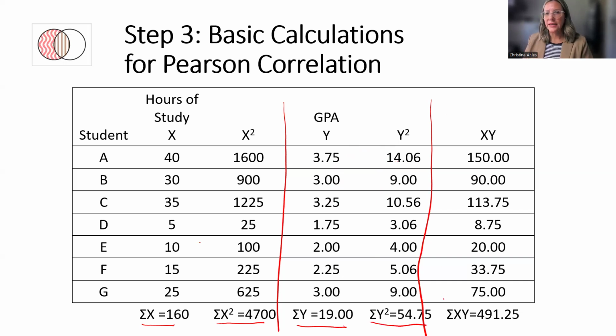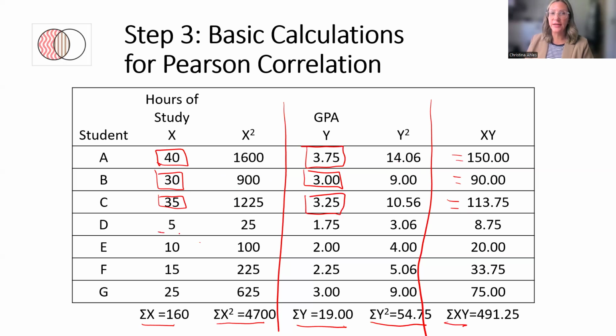Now, to get this sum of xy, that's the new one, you're going to take your x variable, so 40, and multiply it by its y variable. So 40 times 3.75 equals 150. Then you have 30 times 3 equals 90, et cetera. 35 times 3.25 equals 113.75.